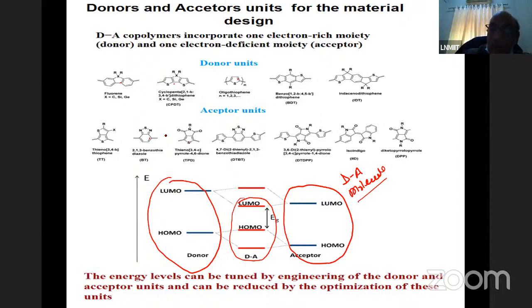D means donor component and A means acceptor component. So the energy levels can be tuned with the help of different types of donors and acceptors. So we can make different types of molecules or polymers ranging from narrow band gap to wide band gap. Sometimes we need wide band gap semiconductors, or sometimes narrow band gap semiconductors. So by using different types of monomers, we can design different types of DA molecules or DA polymers.